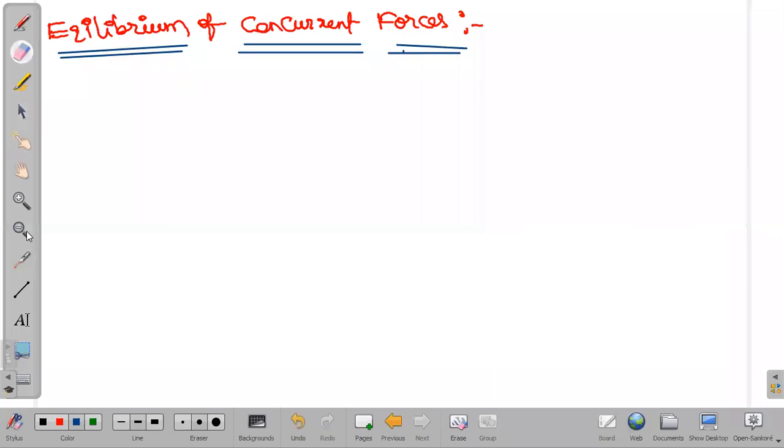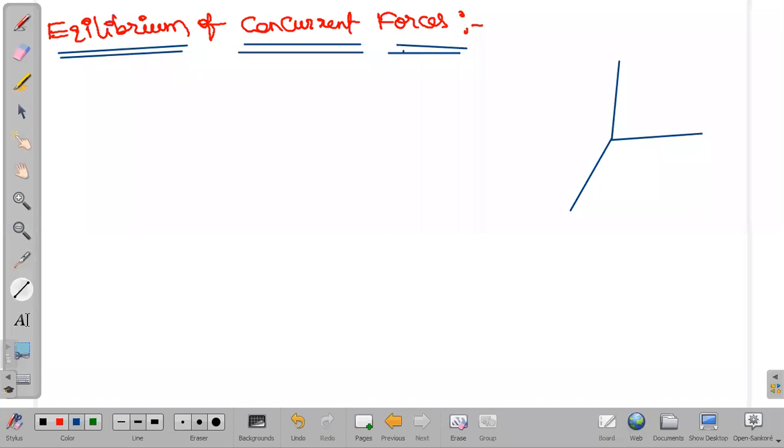Suppose, let me take a free body diagram with some forces like this: this is one force, this is another force, and this is one more force, right? If these three forces are acting, those three forces are taken as concurrent forces.